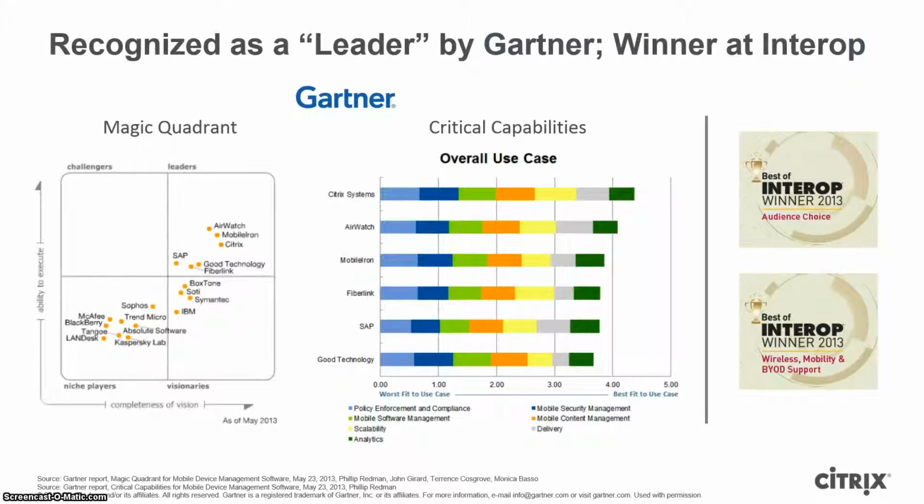Sorry, a little bit of bragging here, but Zen Mobile and primarily Zen Mobile MDM got Citrix into the leaders quadrant for mobile device management and device management in general. Very proud of this fact. It says a couple of things.